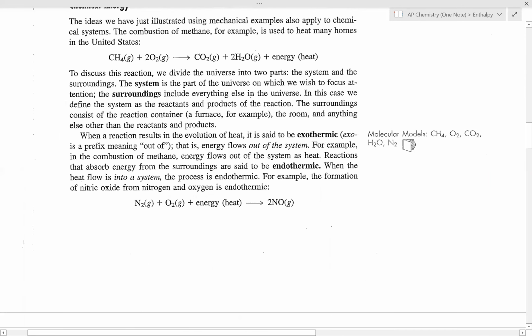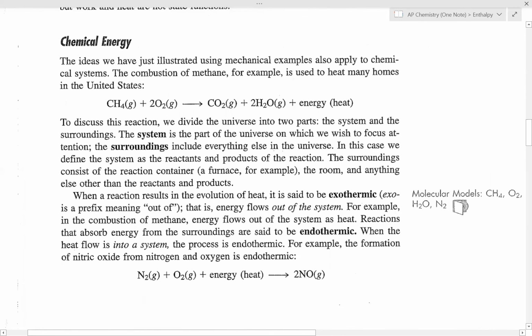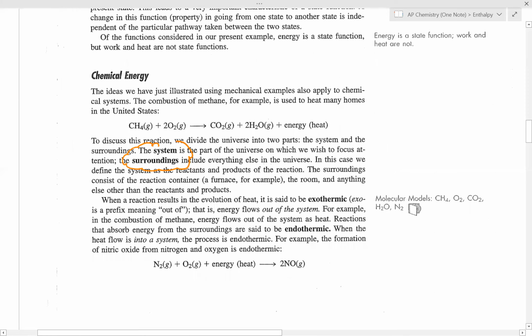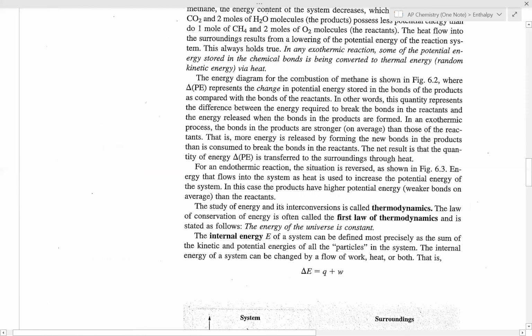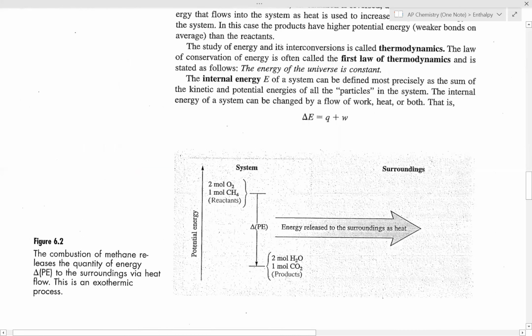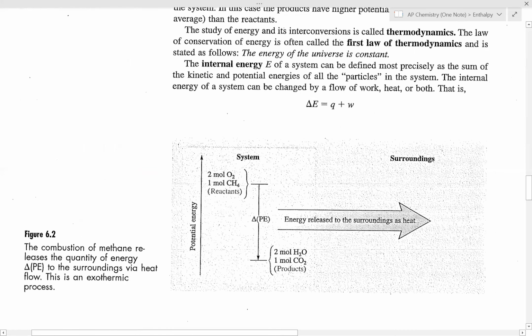If you look at the bottom of page 243, notice they use the terms system and surroundings, and they elaborate a little bit more. If you keep going down, they even show you a picture of an exothermic reaction and an endothermic reaction.